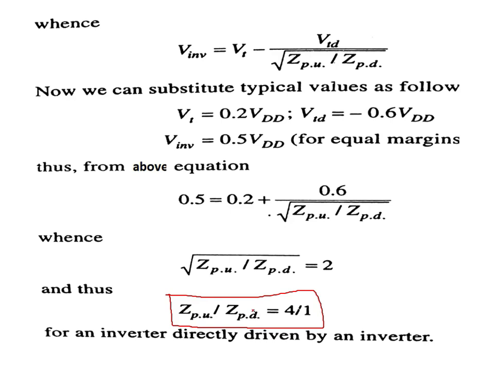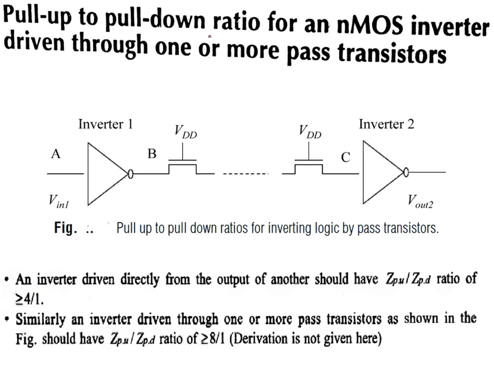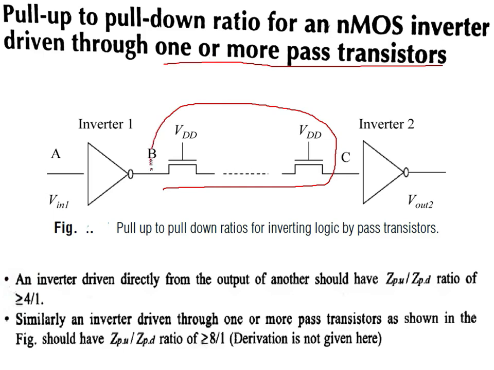Okay, 4:1. So this is the minimum required pull up to pull down ratio to drive an NMOS inverter from another NMOS inverter. Similarly, consider the pull up to pull down ratio for an NMOS inverter driven through one or more pass transistors. Already we have discussed what pass transistor logic is. If NMOS transistors are arranged in series, then we can say this is pass transistor logic.